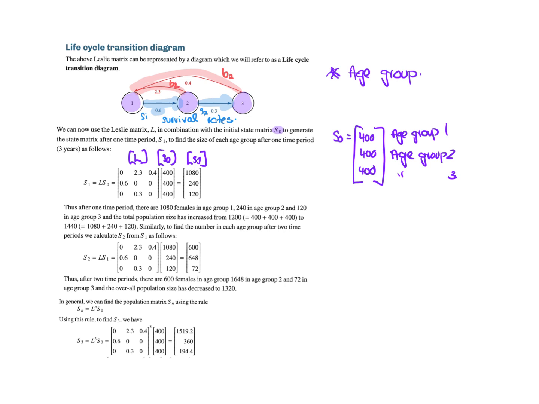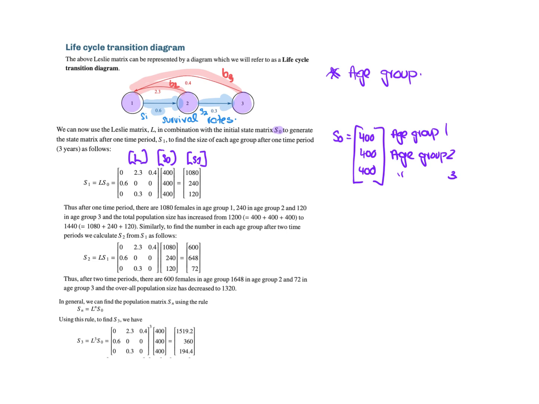Okay, so just change that to 2 and 3. Okay, all right, so how you get the next time period, so say this was a year. So they said this was what happened after 1 year. The birth rate for a year was so-and-so, and the survival rate. So in the beginning, we had 400 in each age group.